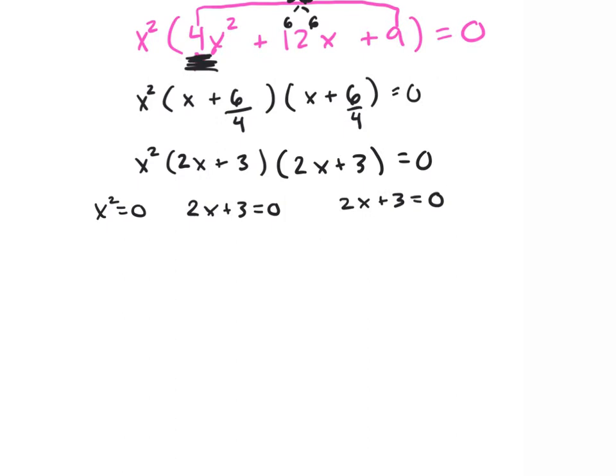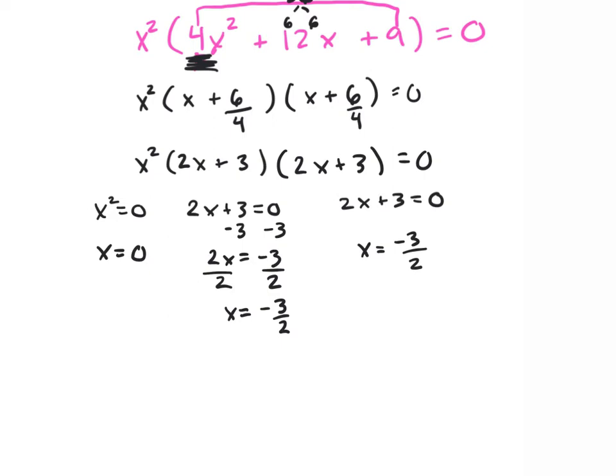All right, so in our first one, what's x equal to? 0. The next one, what do we do first? So 2x is equal to negative 3, divided by 2, so x is equal to negative 3 over 2. Our third equation is the same exact thing, so x is equal to negative 3 over 2. So our two answers here are 0 and negative 3 over 2.